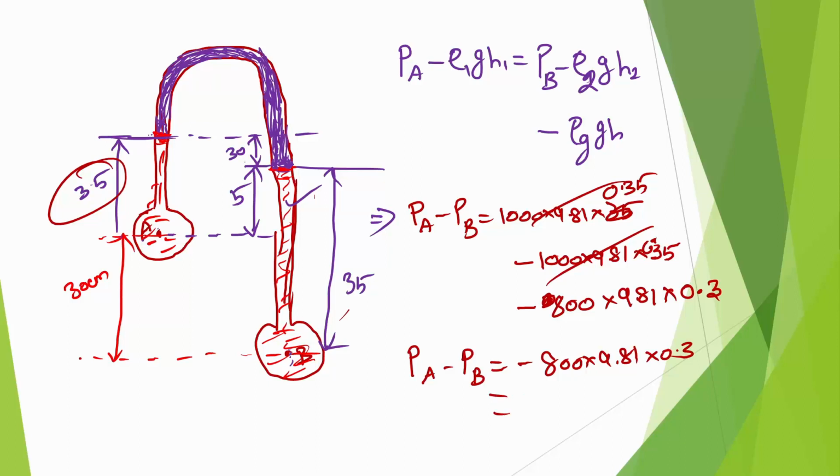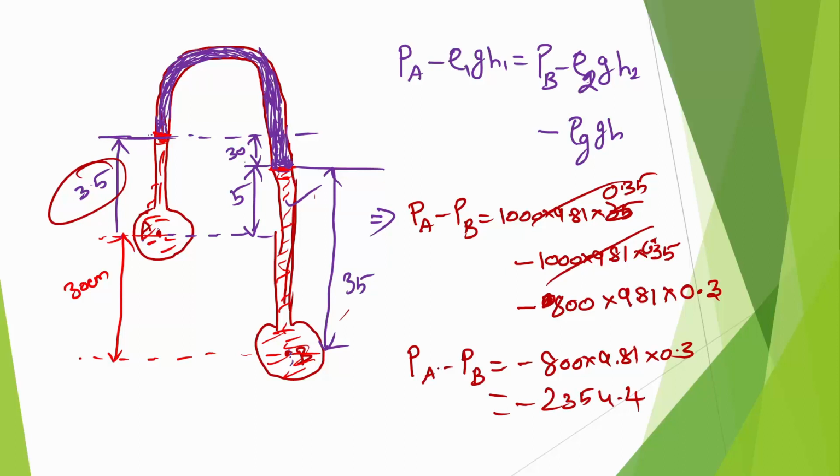Calculating this value, I'll end up with 800 into 9.81 into 0.3, which is minus 2354.4.